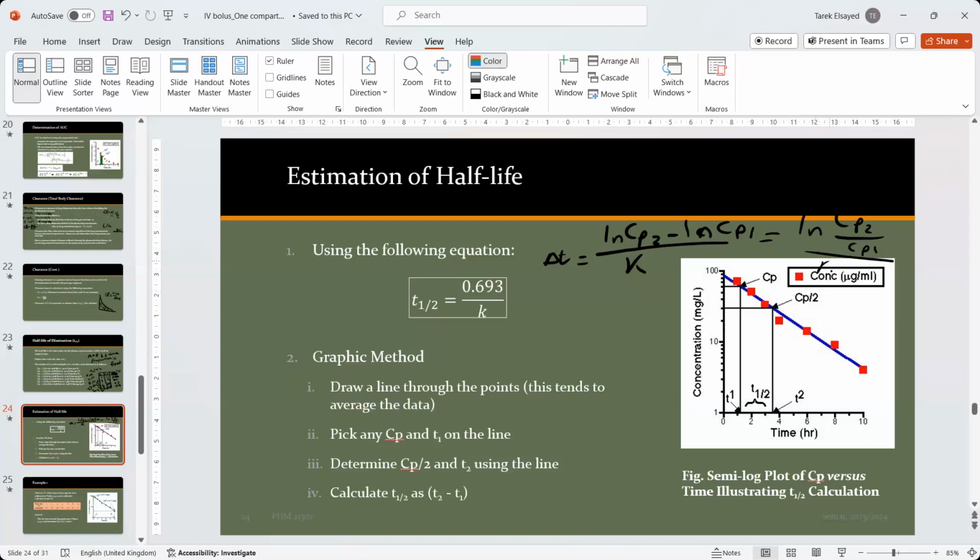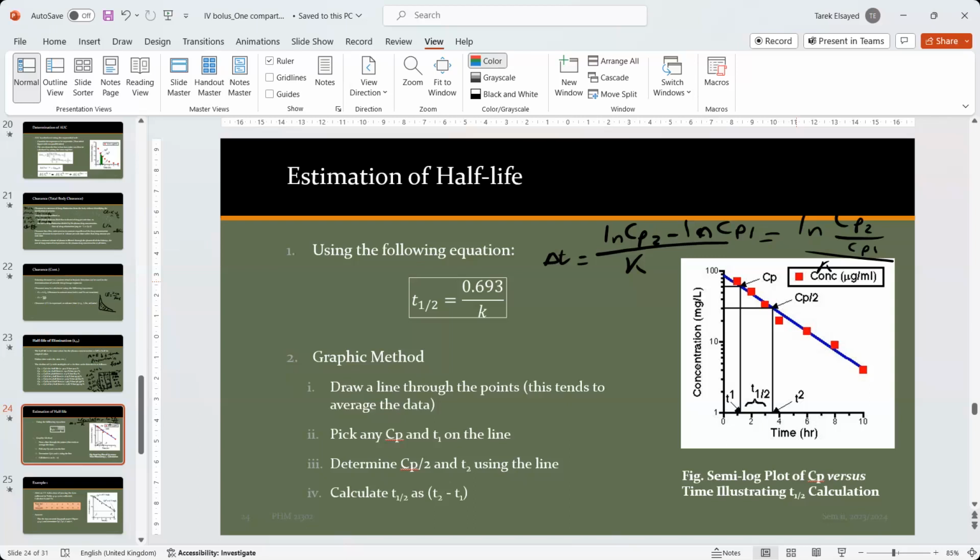Divided by K. So actually the relationship between them is 2.